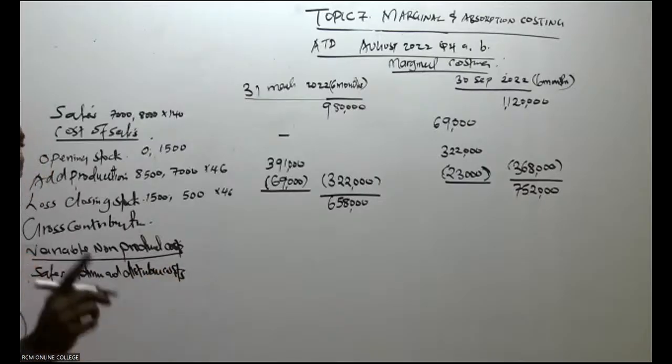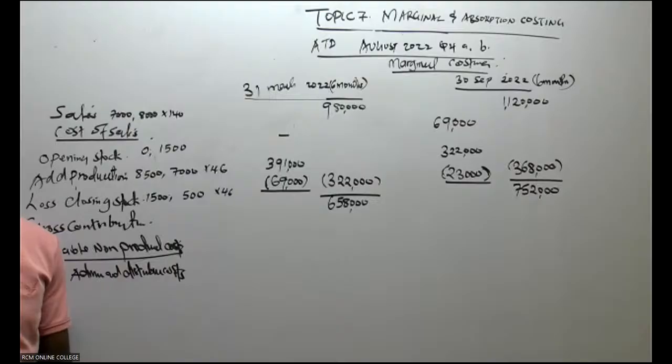What are they telling us about these costs? Additional information number 2. What are they telling us about the variable sales, distribution, and administration costs? It is 20% of sales, is it?